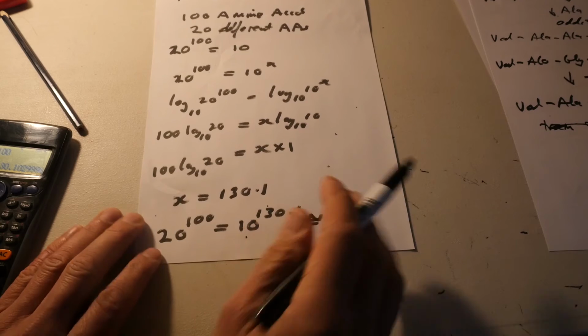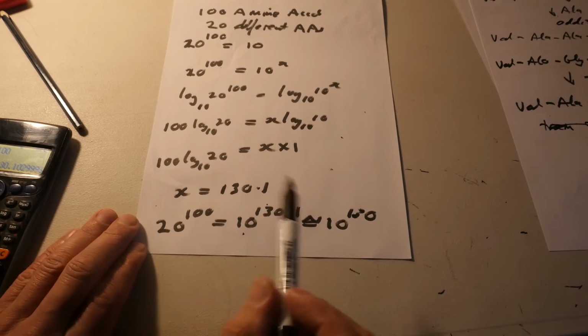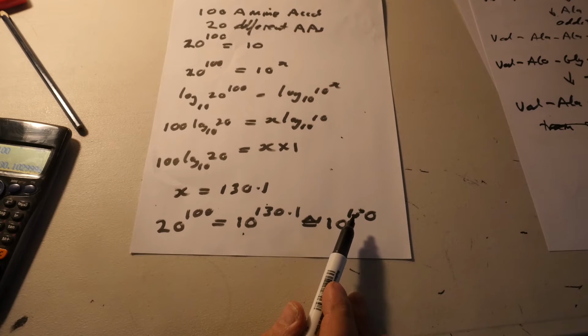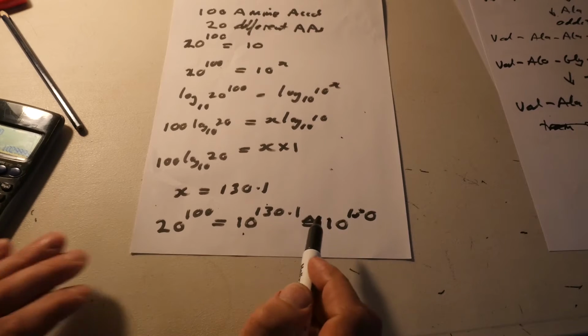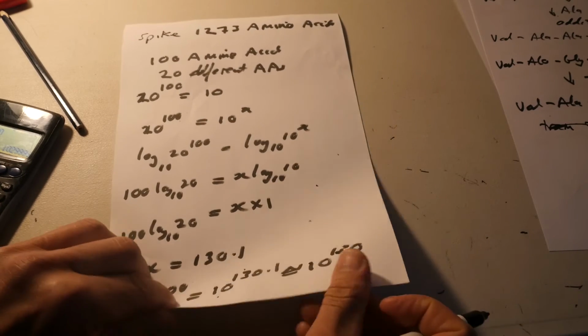Even with a 100 amino acid piece of protein with 20 possible different amino acids, there's 10 to the power of 130 possible pieces of protein, which is an astronomical number. It's a huge number.